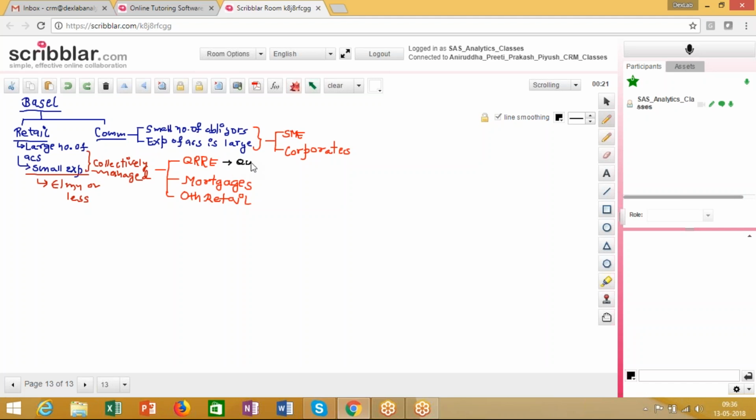Q stands for qualifying, revolving, retail exposure.